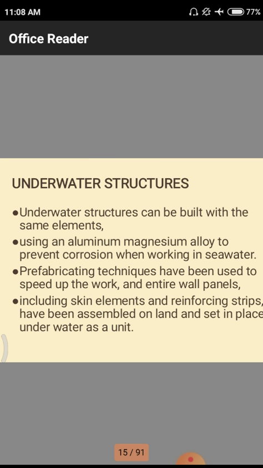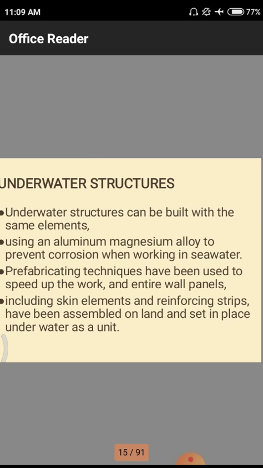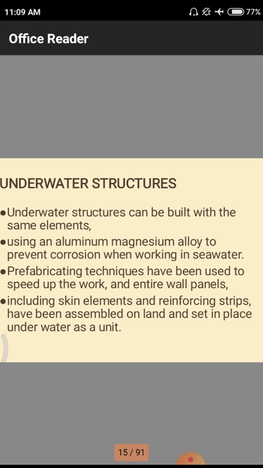By simply fitting them together, we get the total structure in a shorter span of time, including the skin elements and reinforcing strips assembled on land and set in place under water as a unit. That means the total structure is divided into n number of parts, and those parts are united with the help of bolts and nuts in underwater constructions.